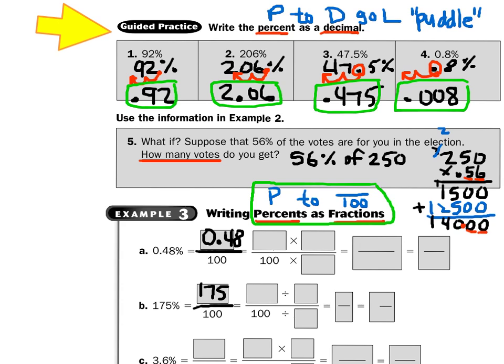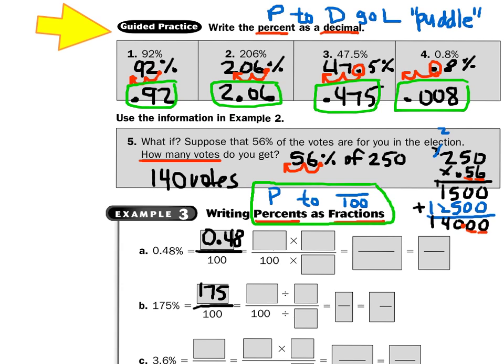So the first thing I do is I put the decimal in there so I can see it, and then I grab it and move it 2 places to the left to make it 0.56. And then if you look over here, I did my work, 250 times 0.56, and I got 140. So my final answer, of course, would be 140 votes. That's how many I got in that election.